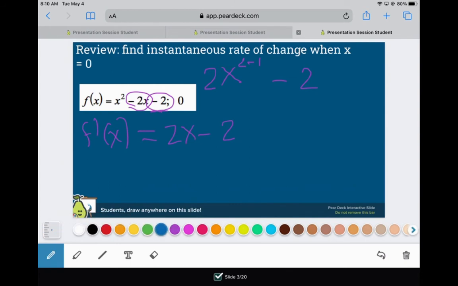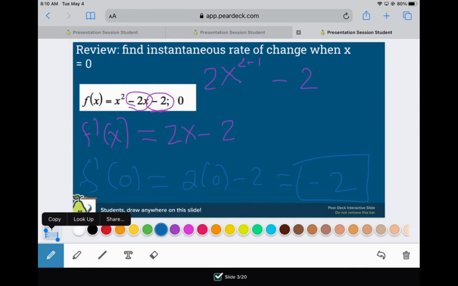And now the next step would be f prime of 0, which is 2 times 0 minus 2, is negative 2. So the instantaneous rate is negative 2 when x is 0.